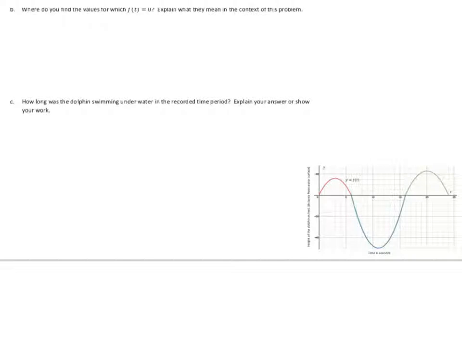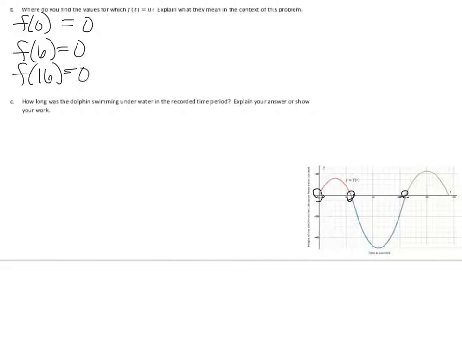Where do you find the values for which f of t equals 0? Explain what they mean in the context of this problem. So this is where you have all the zeros. So f of 0 equals 0, f of 6 equals 0. We've got 0, 6, f of 16 equals 0. And then the last one is, I can't draw over there. Yeah, I can.